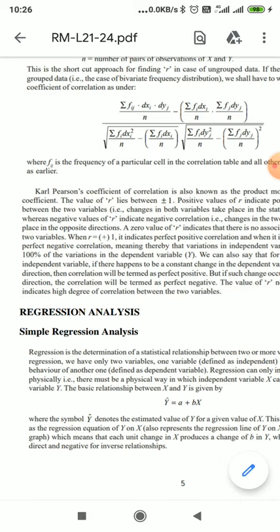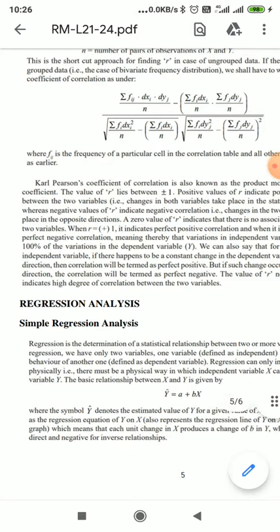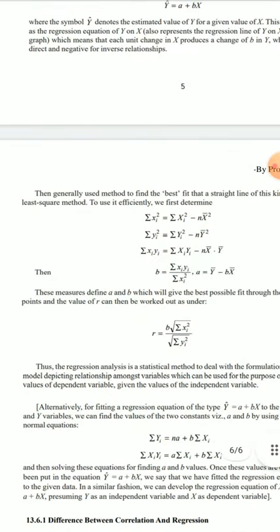These measures define a and b, which will be the best possible fit through the original x and y points, and the value of r can then be worked out as under. So, come to the value of r.